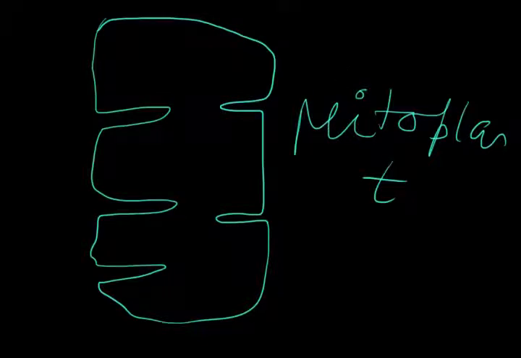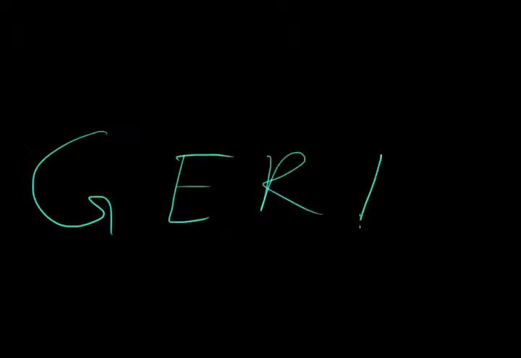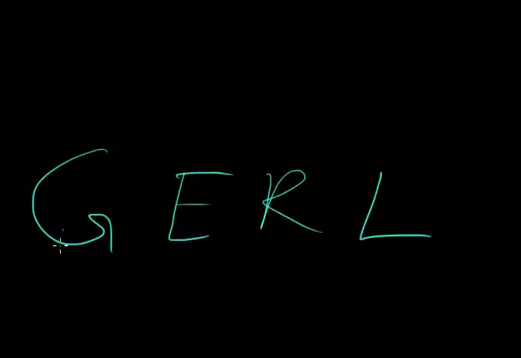One of the very important cell organelles I am now describing is a member of the GERL complex. I repeat, the name is GERL complex. According to Novikov, the GERL complex comprises Golgi bodies, endoplasmic reticulum, and lysosome.